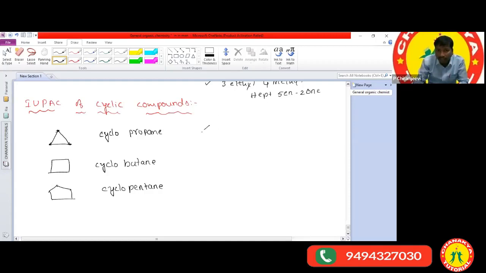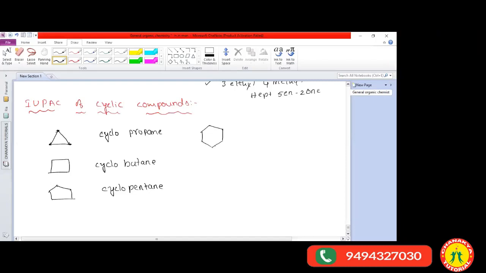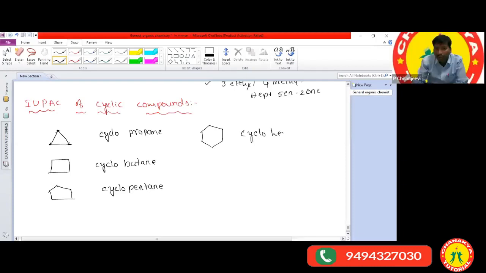Next I'm writing like this. Cyclohexane. Very good. Cyclohexane.